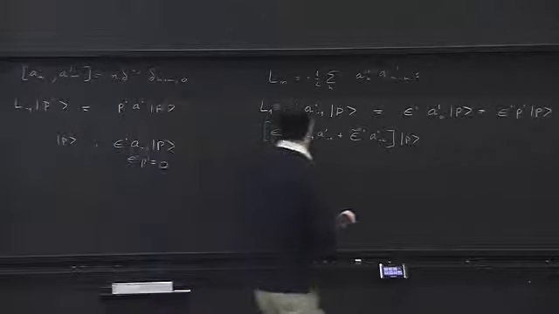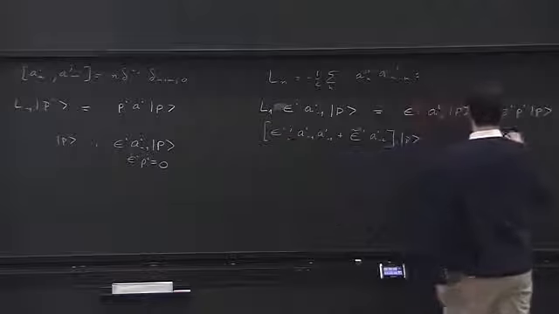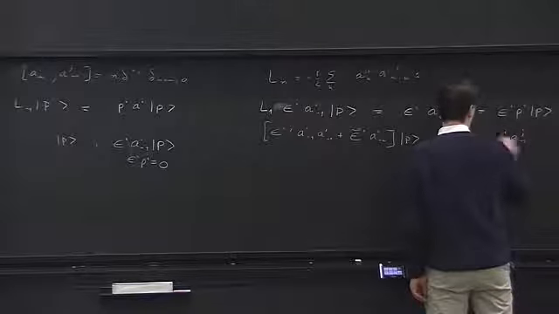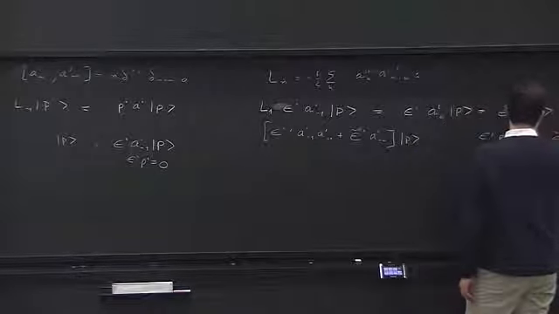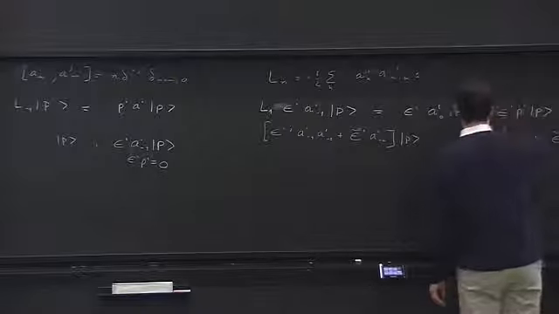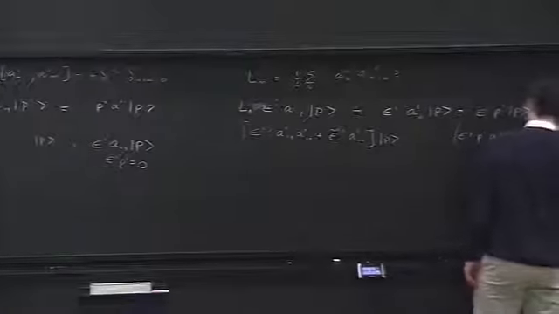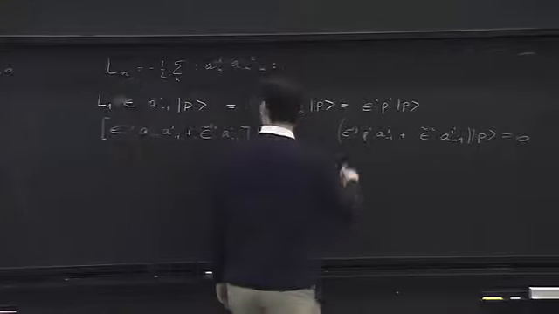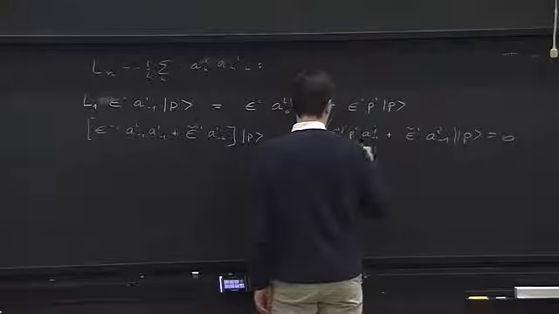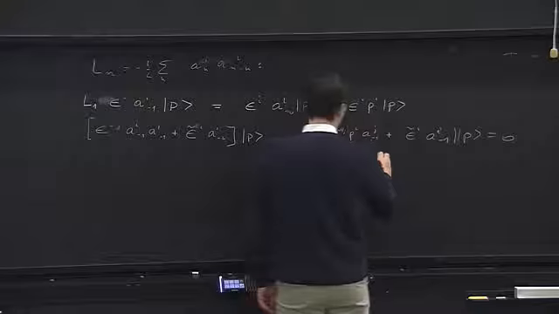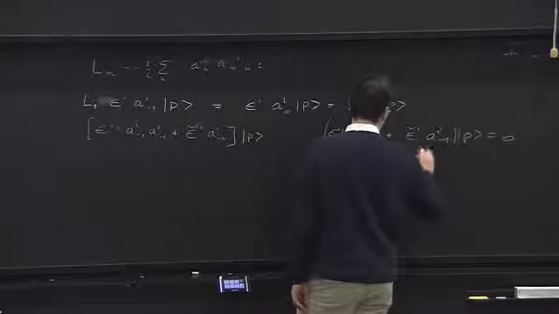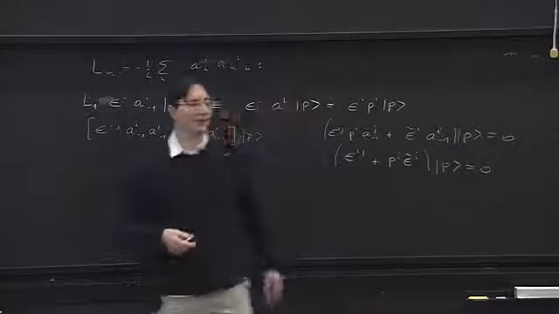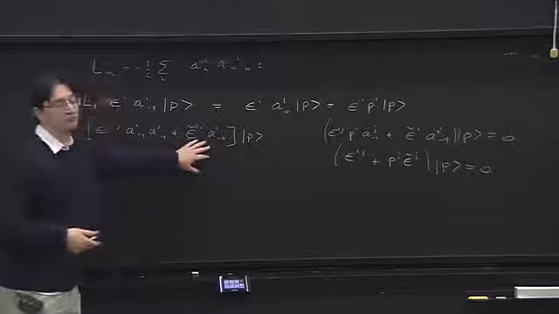So you act with L1, you get something like epsilon_ij A_{-1}^j plus epsilon tilde A_{-1}^i, roughly. You want this to be 0. Then you act also with L2. You want that to be 0. You get something like epsilon_ii plus p_i epsilon tilde_i equal to 0. So you get a bunch of constraints on the coefficients of these states.